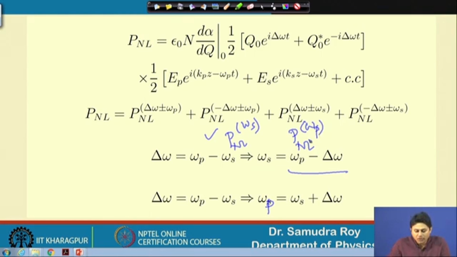So, we have all the different frequency components in our hands in the P nonlinear term. We will only take those frequencies which are going to be generated inside the system. So, in our case, we will find the P nonlinear for the Stokes frequency, as well as for the pump, whose frequency is omega p. So, the nonlinear polarization term for omega p is also important, and we are going to extract it from this expression.